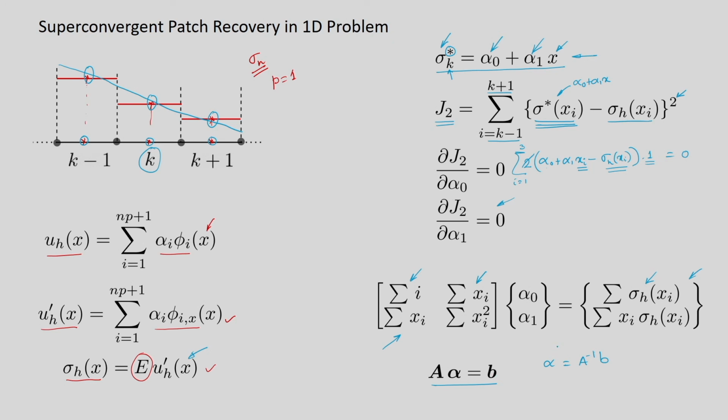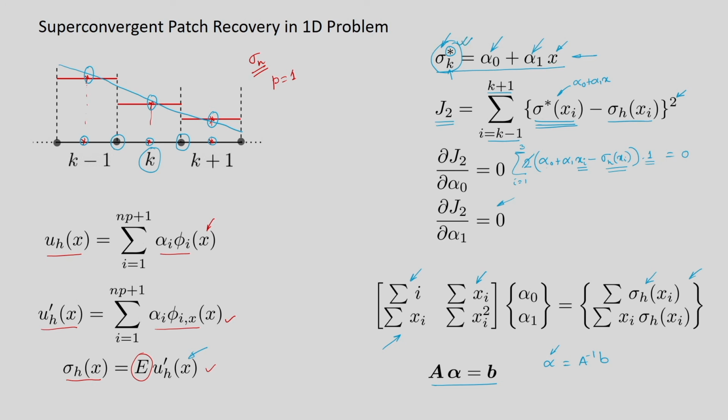Once we get alpha, the next idea is to calculate the recovered stresses at the internal nodes. In this patch, these two are the internal nodes. Once we know alpha, we can put the corresponding coordinates of these nodes and calculate the recovered stresses.